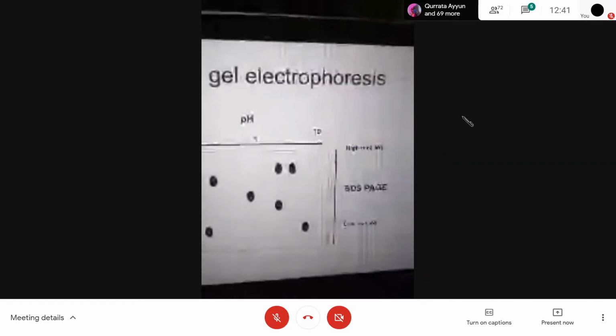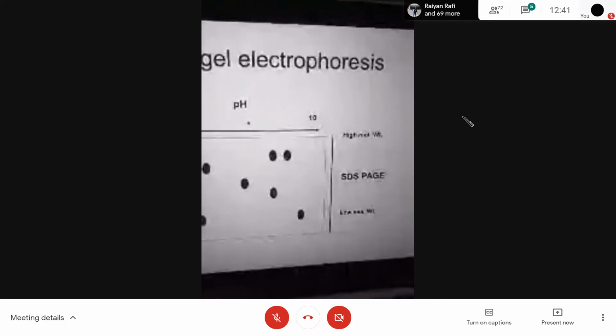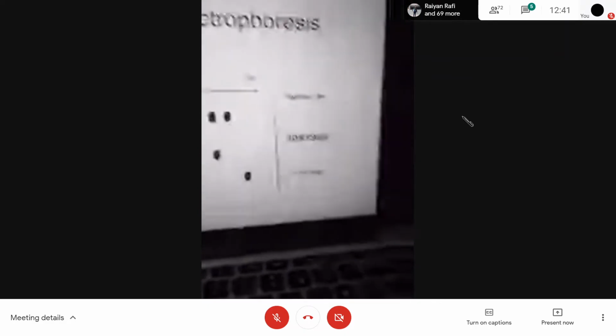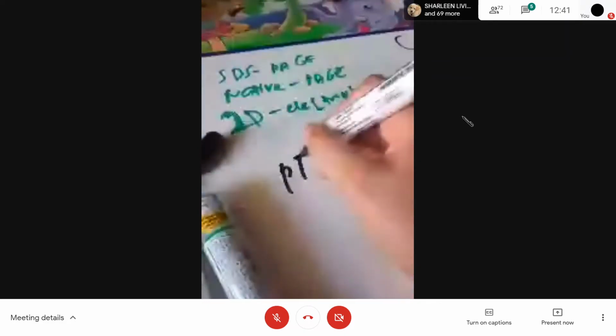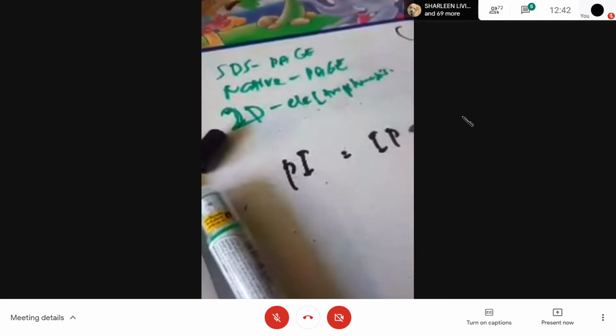To separate based on the PI, we need to use IPG strips. IPG means immobilized pH gradient. For the PI separation, we use IPG strips.